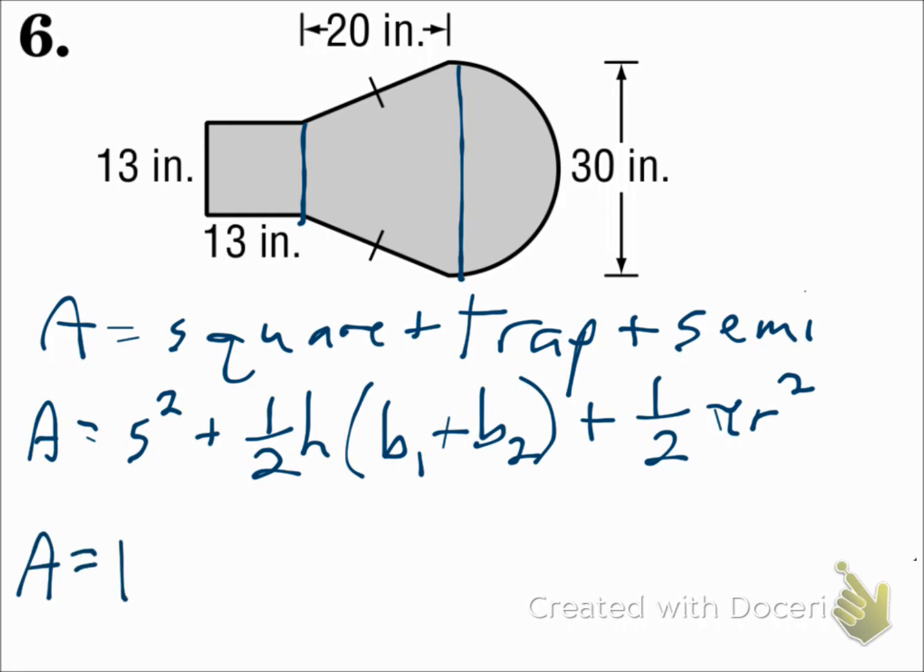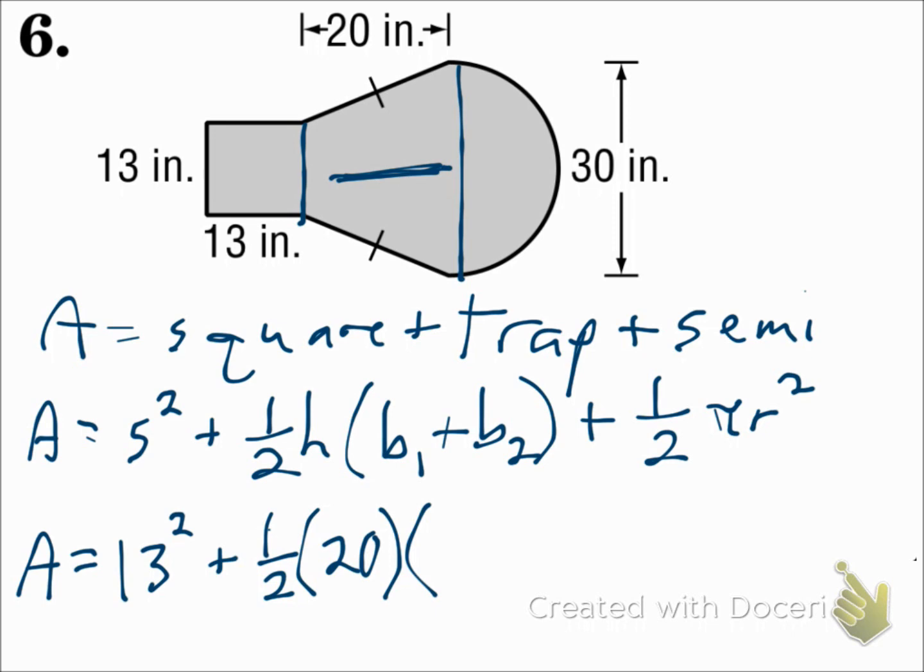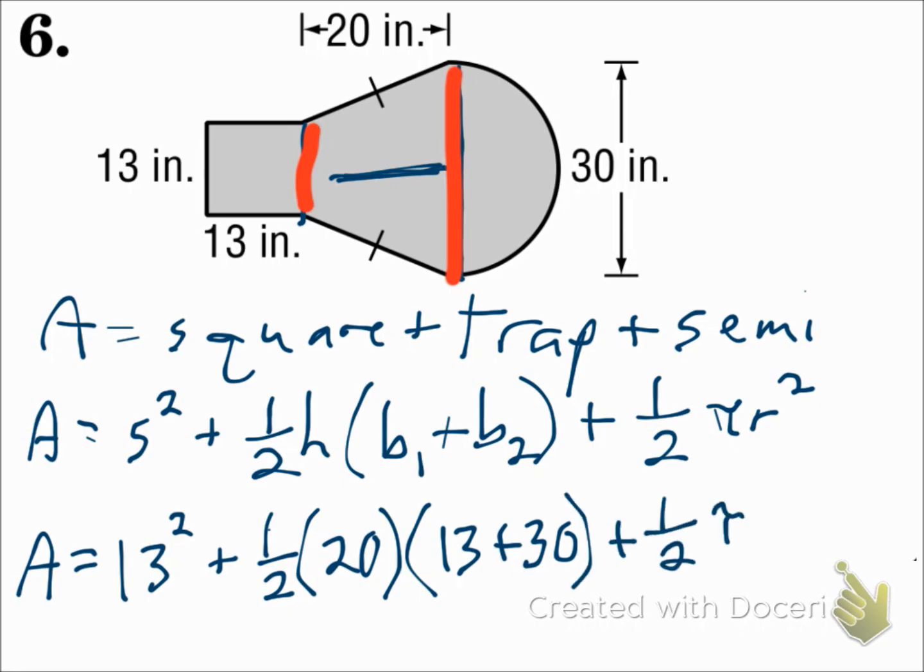A side of the square is 13, so 13 squared. For the trapezoid, the height of the trapezoid is right there, that's 20. The bases of the trapezoid, that one's 13, and that one's 30. And the radius of the semicircle, it has a diameter of 30, so the radius will be 15.